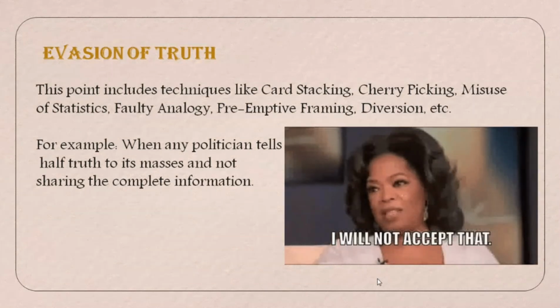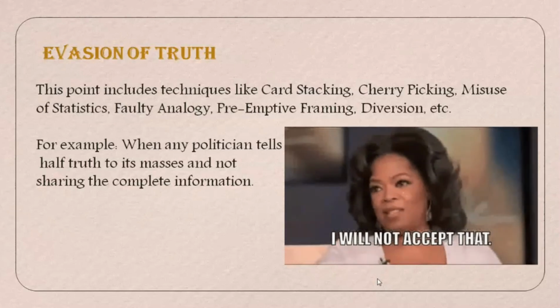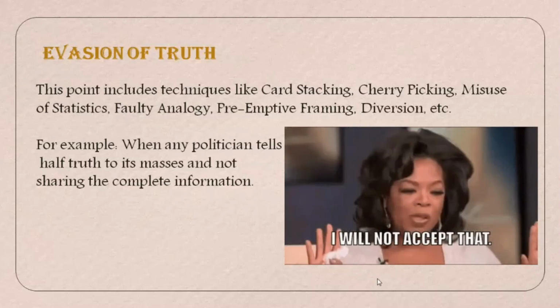This includes techniques like card stacking, cherry picking, misuse of statistics, faulty analogies, preemptive framing, and diversions to hide or distort the truth provided to the masses. For example, when a politician tells a half-truth to the masses and does not share the complete information.